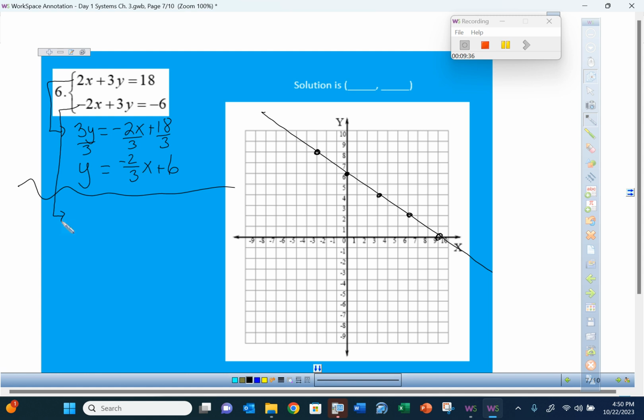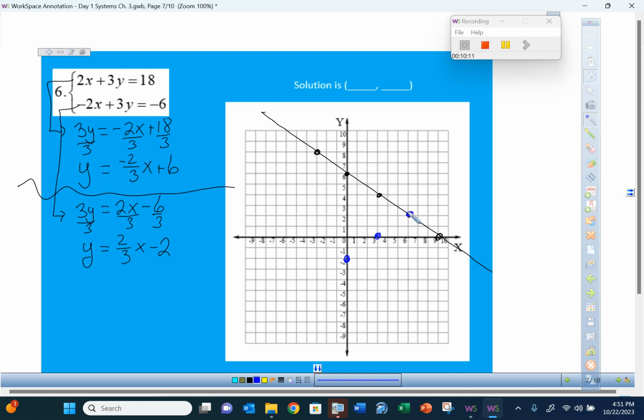Let's solve this thing for y. So I'm going to add 2x to both sides. I'm going to divide everything by 3. So I've got y equal 2/3 x minus 2. I'm going to start down here at negative 2. I'm going to go up 2 and over 3, up 2 and over 3.